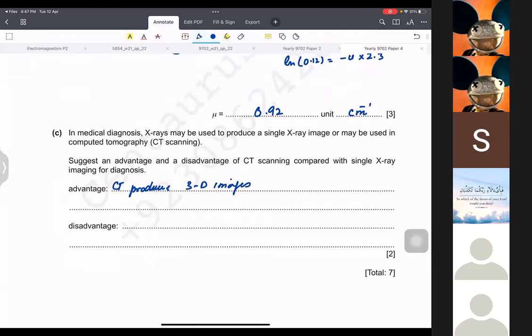It's one of its properties, right? And the biggest disadvantage is that it causes greater exposure of patients to X-rays. That's not a good thing.